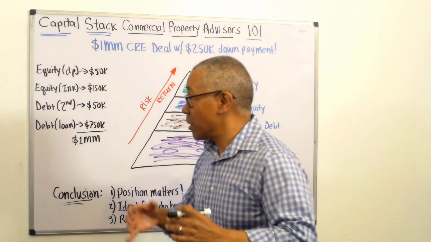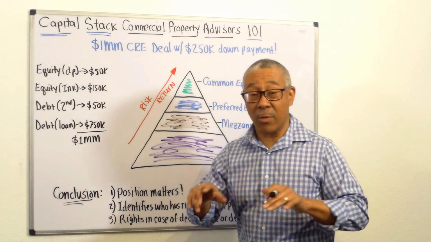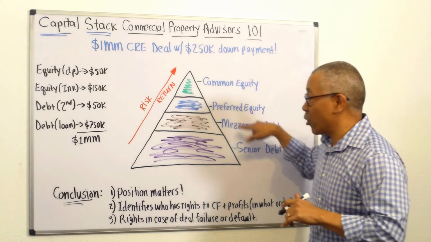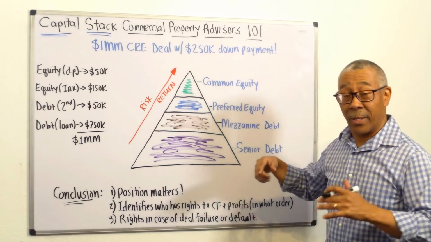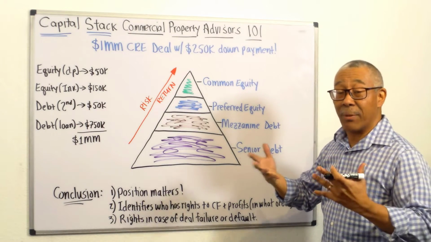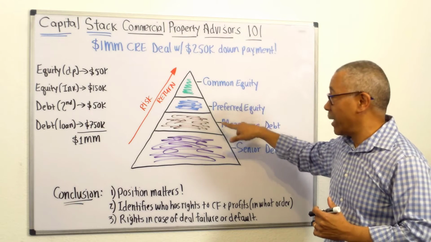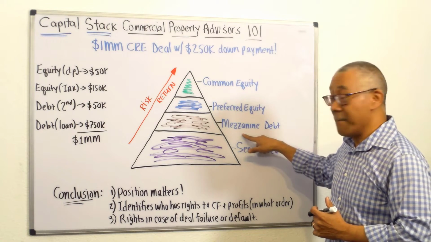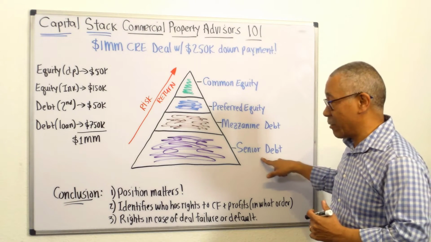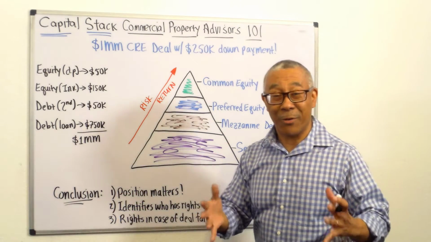When you Google it, these 4 terms are going to come up. According to Google and other sources, a capital stack is defined as these 4 things: common equity, preferred equity, mezzanine debt, and senior debt. What in the world does that mean? I'm going to share with you what that means.